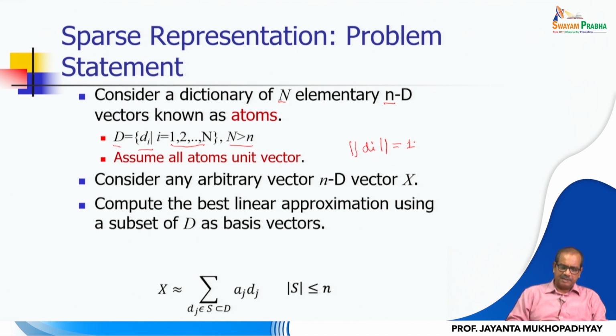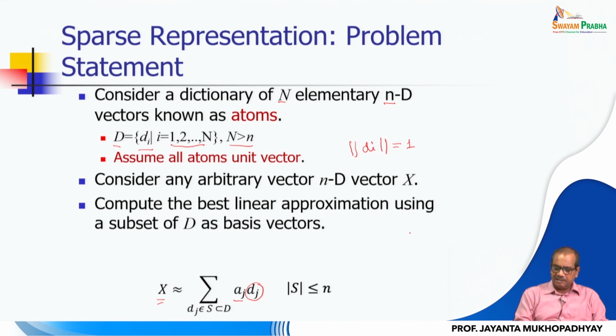So following the alternative representations of any vector, here also we may consider that if I know this set of atoms, then only these coefficients can represent the respective vector.